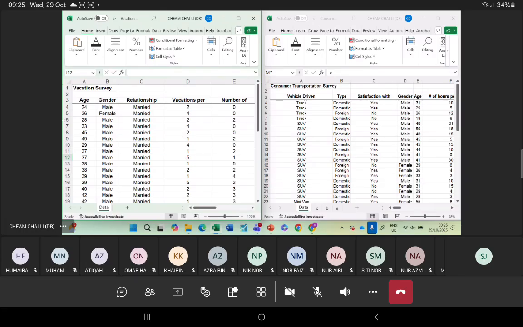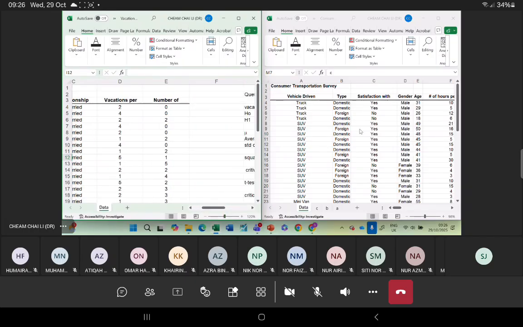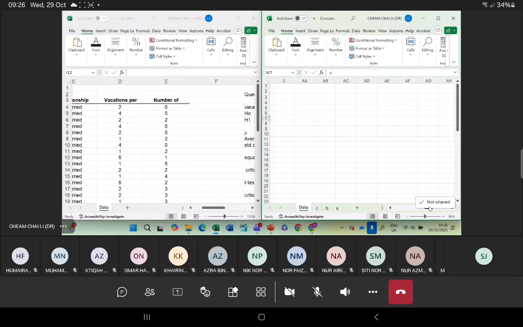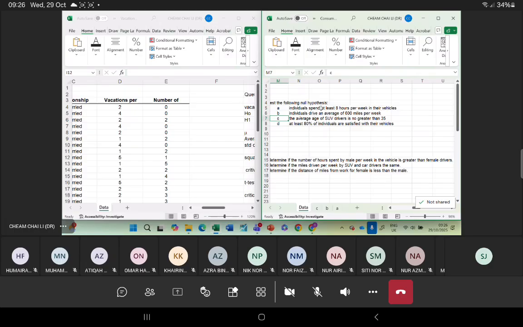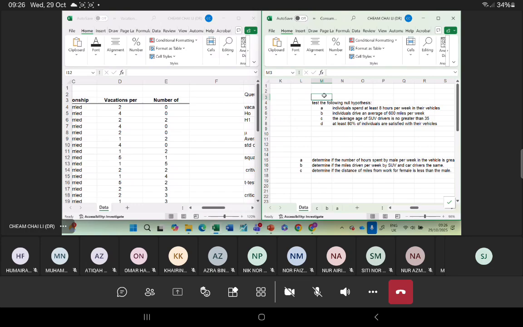Okay, saya ada dua data set. Satu adalah consumer transportation survey. So ada soalan, you just focus on the question yang atas ya, jangan ambil yang bawah. Bawah tu adalah 2 sampel, right? So this is 2 sample. Ignore yang ni dulu.